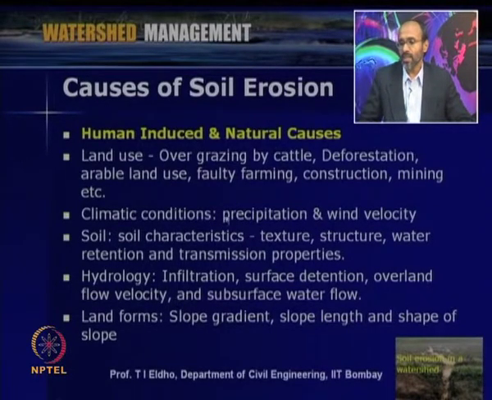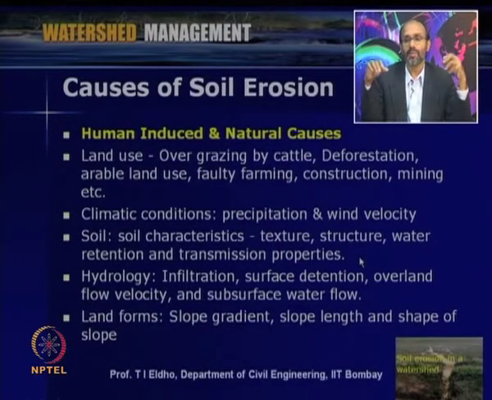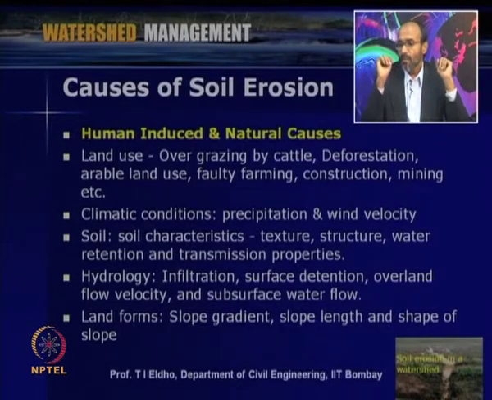Then as far as land geography is concerned, you can see the slope of the land, slope length, shape of slope, so the total physiography of the land. All these contribute to soil erosion in a watershed.